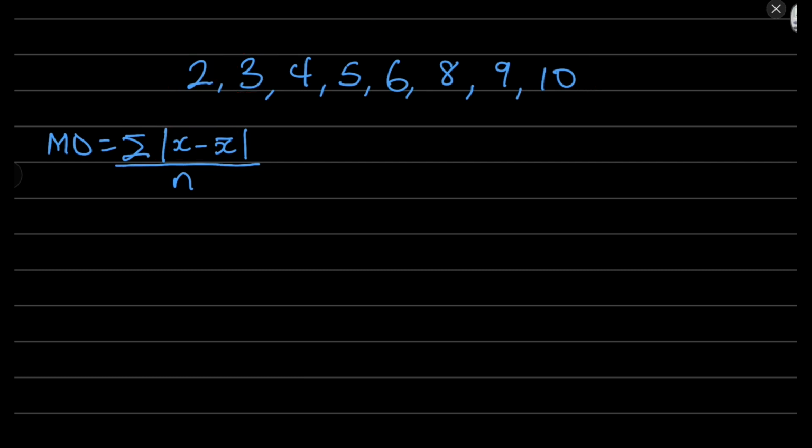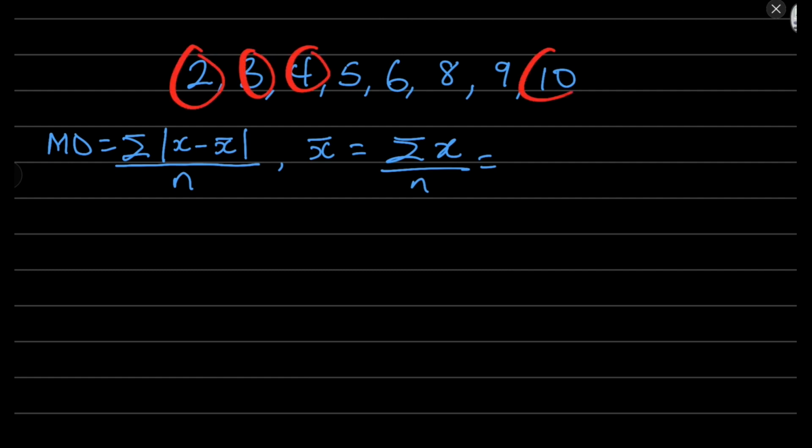To find your mean, the mean is simply x bar equal to summation x divided by n, where summation x simply means sum up all your x values, x1, x2, x3 up to the final x.